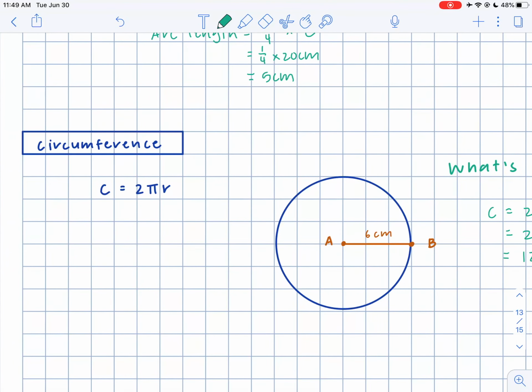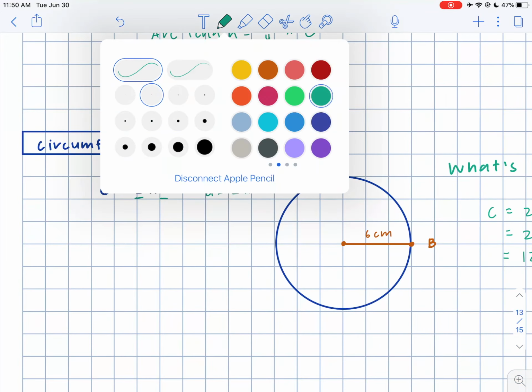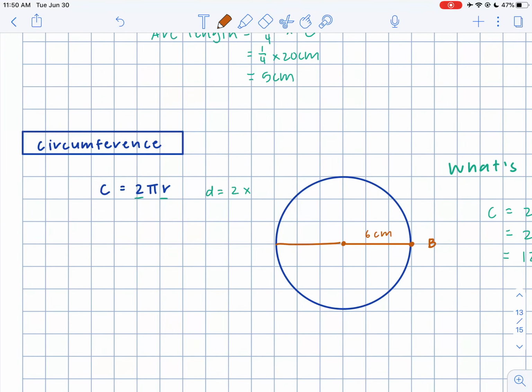Okay, so look closely at the formula for the circumference, 2 pi r. Can you come up with another formula for circumference using what you know? You can pause the video. Okay, if you paused the video, hopefully you recognize that you see a 2 and an r. And you know that the diameter is actually 2 times the radius, right? Because if I drew it in here, this would be the diameter.